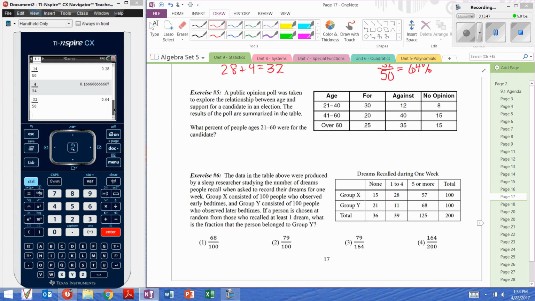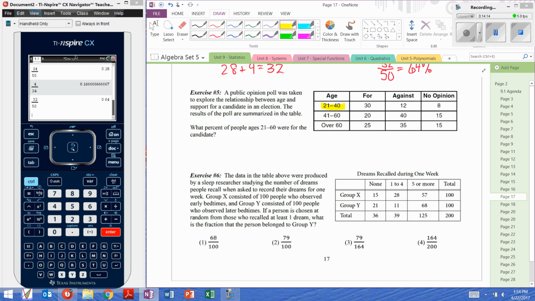Okay, exercise 5. Here, looks like we have a public opinion poll, and the results of the poll are summarized in this table. And it says, what percentage of people ages 21 to 60? Okay, so we're now only looking at the 21 to 60 category, but here's the problem.